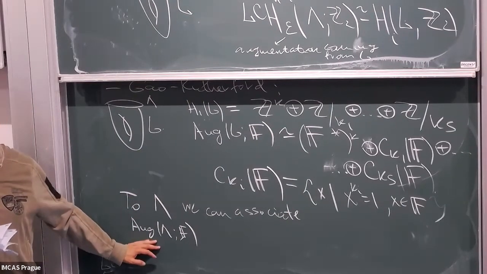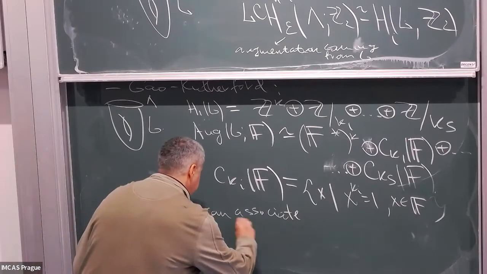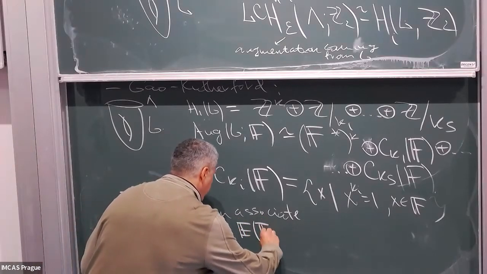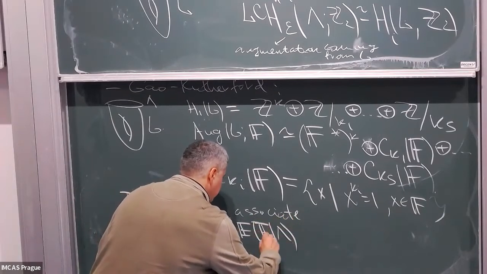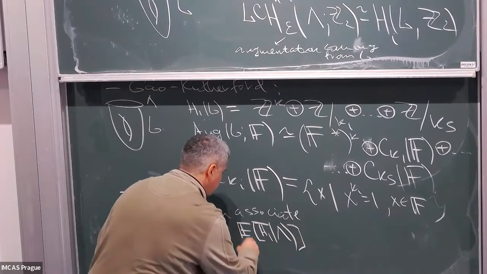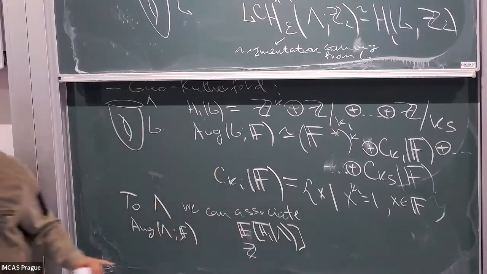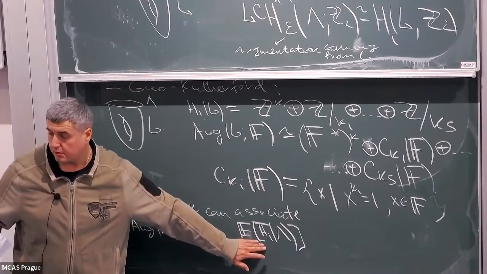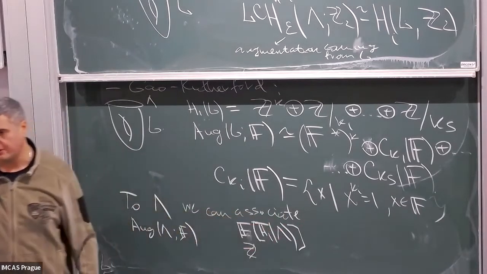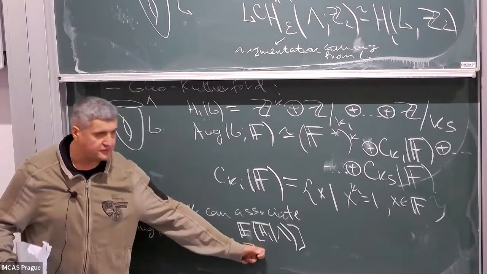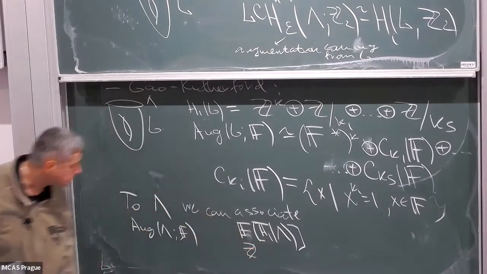In general, one can define the augmentation over F, or over the group ring of pi1 of lambda, maybe sometimes even Z. So one can define the Chekanov-Eliashberg algebra over this group ring, where the group ring lives in grading 0.